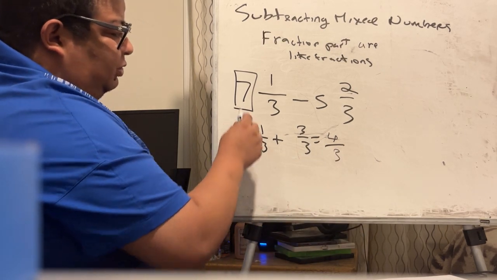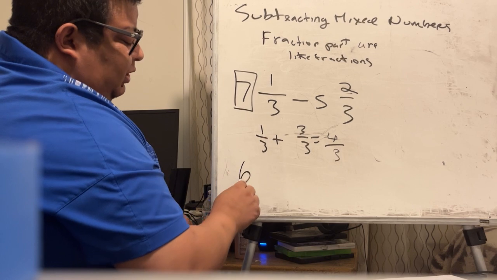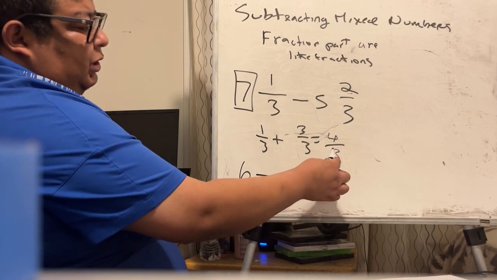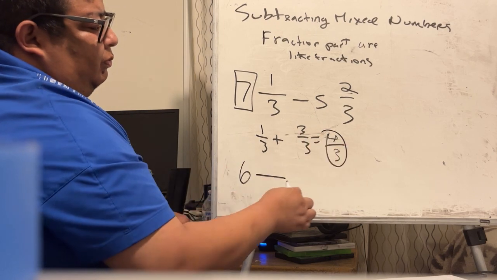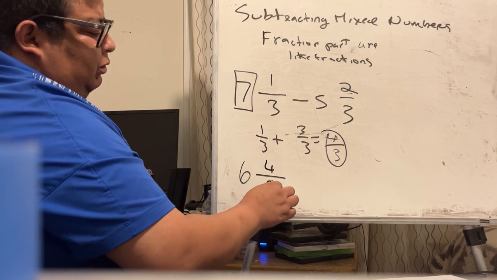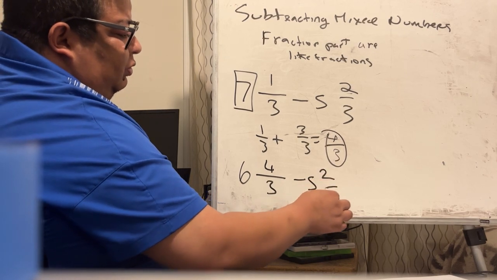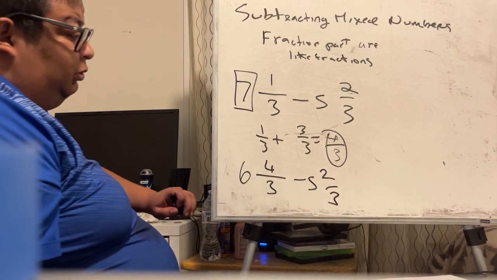So this mixed number on the left side is renamed as follows. The 7, because I borrowed 1, becomes 6, and the new fraction is 4/3. So now we have 6 and 4/3 minus 5 and 2/3.